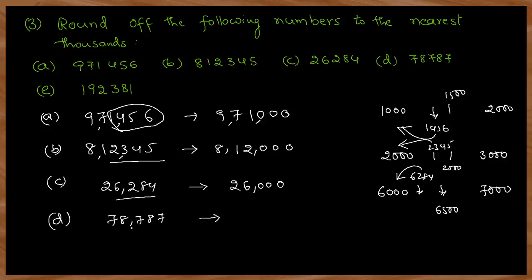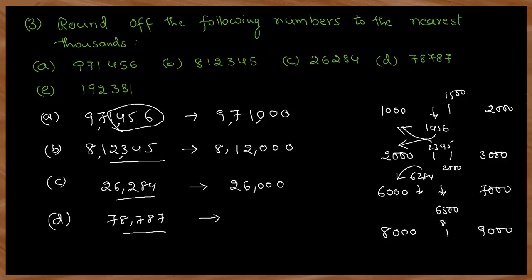78,787, which is nearest to the 79,000. You should just think where this is lying in the number system. So check this up to the thousands period. The thousands place value is 8,000. So you have to check in between 8,000 to 9,000.